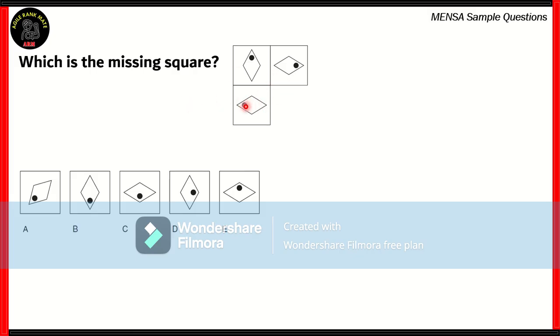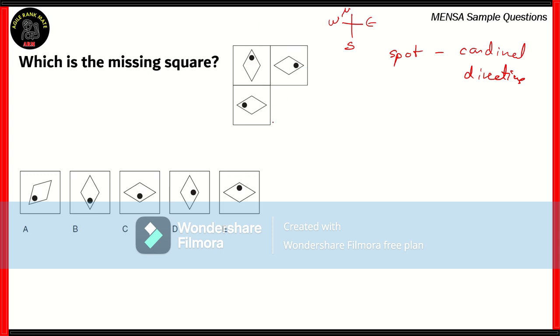So we can conclude from here that the spot is oriented towards the cardinal directions: north, east, west, south. So we've seen the black spot pointed north, east, and west.